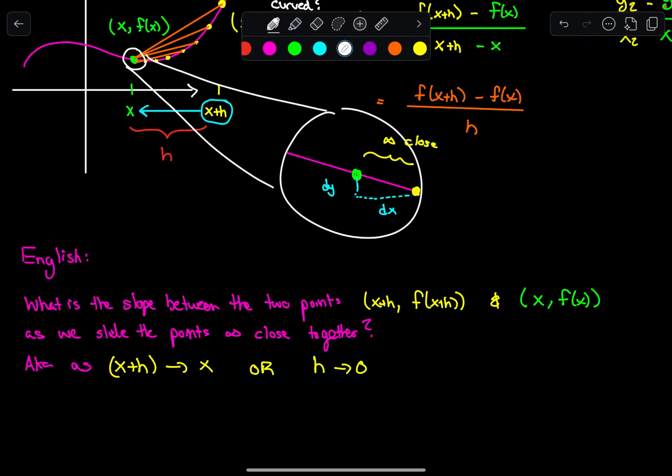We can do a little algebra here: if I subtract x from both sides, I get h approaches 0. Basically just saying, as this gap gets really, really small, what is the slope?